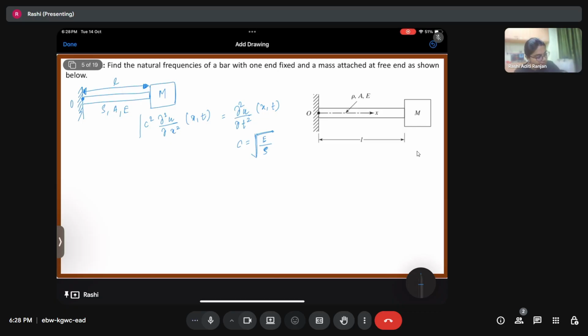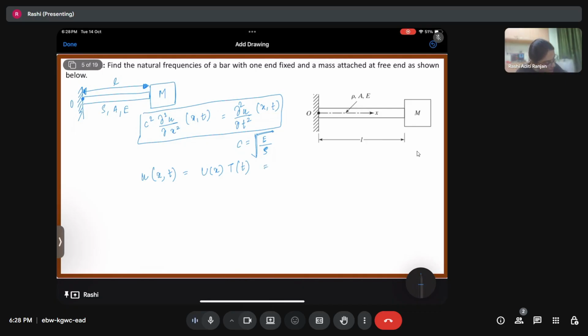This was the expression. If you need to find out the solution, how are we going to get it? U, which is a function of x comma t, is again given as the multiplication of u as a function of x into t as a function of time, as we assumed in the previous question.